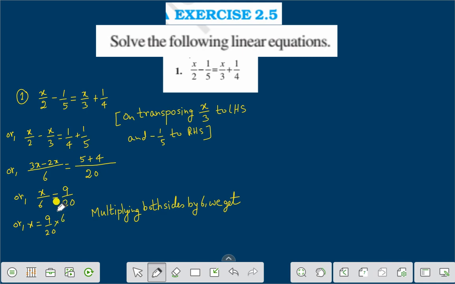If we divide it by 2, 2 3s are 6, 2 10s are 20, or the value of x is equal to 3 9s are 27 by 10. This is the answer. Therefore, the value of x here is 27 by 10.